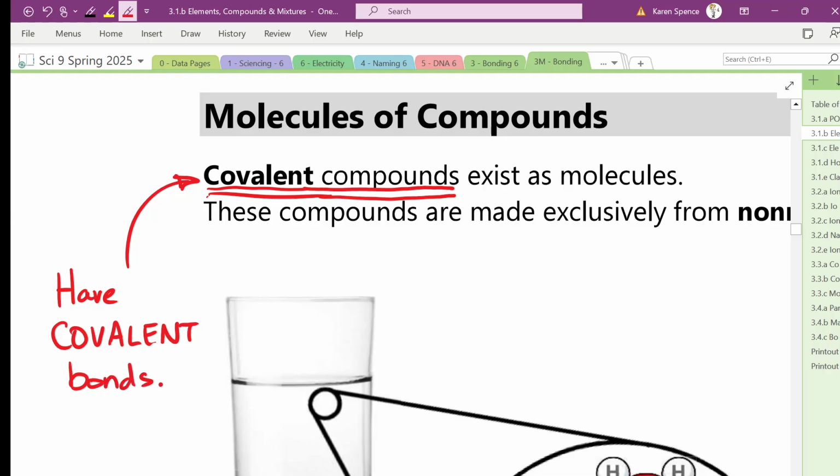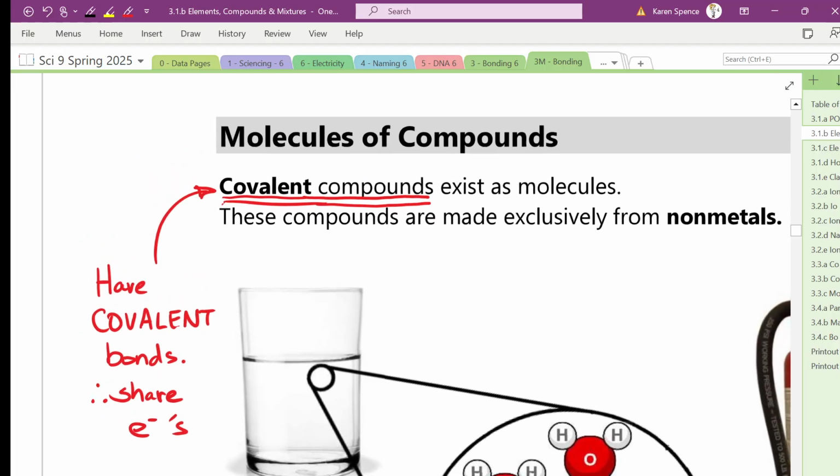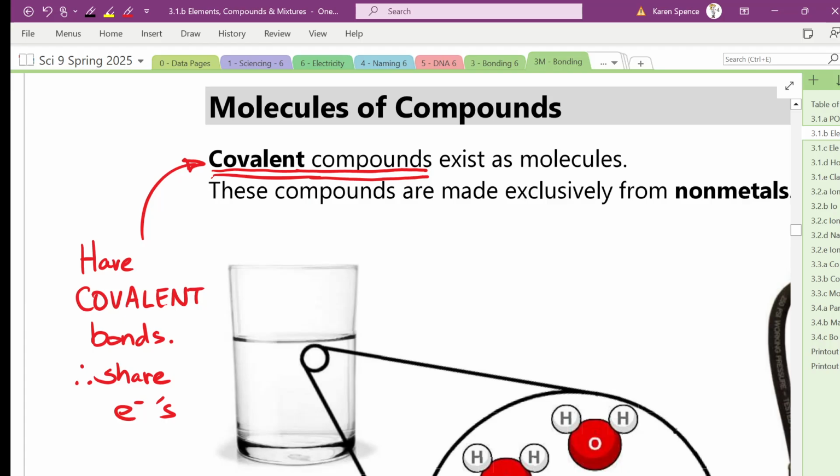And if they have covalent bonds, that means they do what with their electrons? They share their electrons. What types of elements do that? Non-metals, okay? So covalent compounds are always made of non-metals.